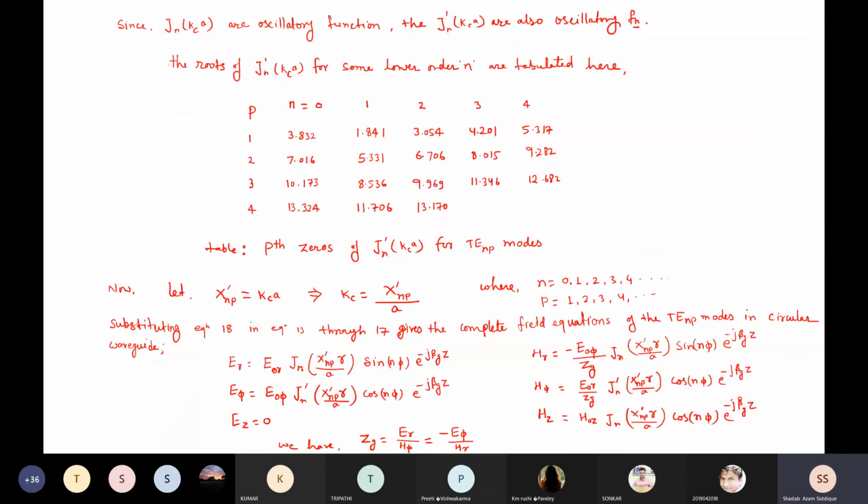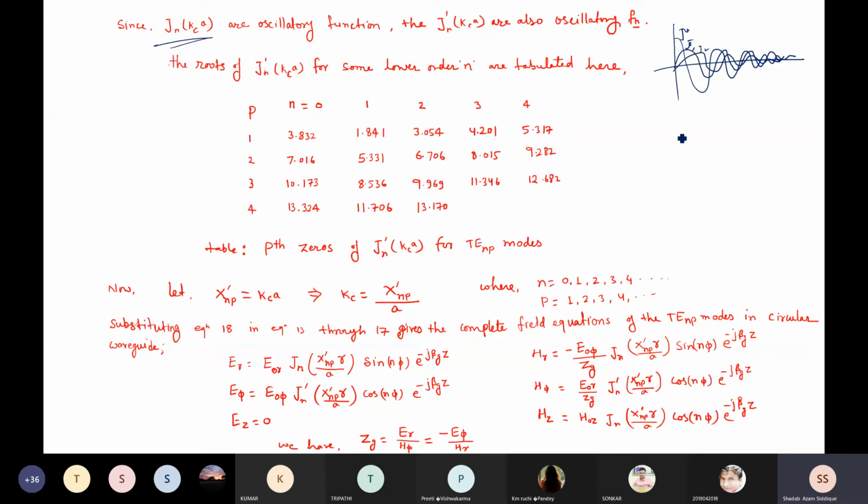Now if this is 0, note that Jn(kc a) is an oscillatory function. It exists like this: J0, J1, J2. If you differentiate an oscillatory function, we get again an oscillatory function. So Jn'(kc a) is also an oscillatory function.